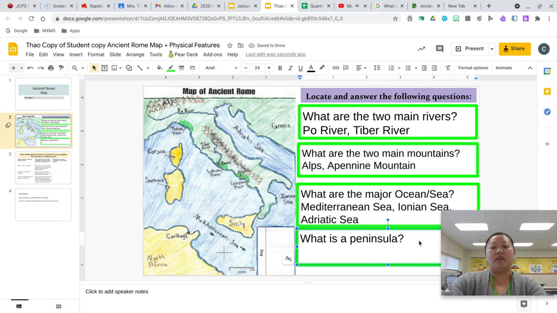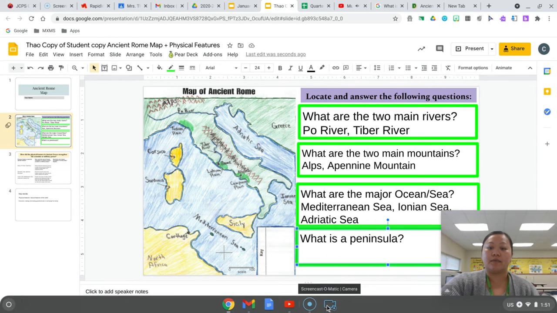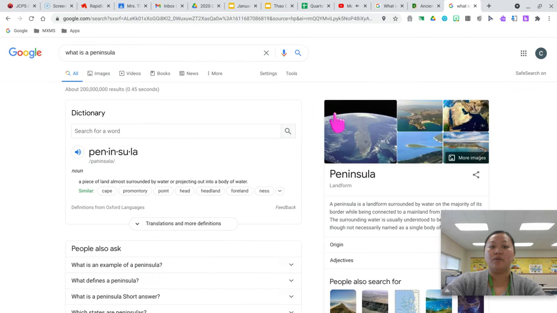So we'll take a look at what a peninsula is. To do that, we'll have to go into Google search and take a look at what a peninsula is. Google says a peninsula is a piece of land almost surrounded by water, projecting out into a body of water.